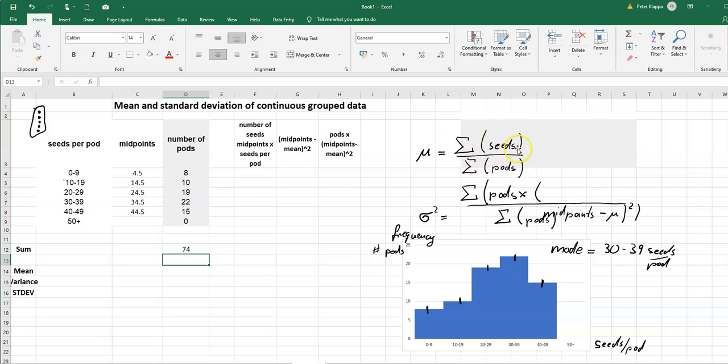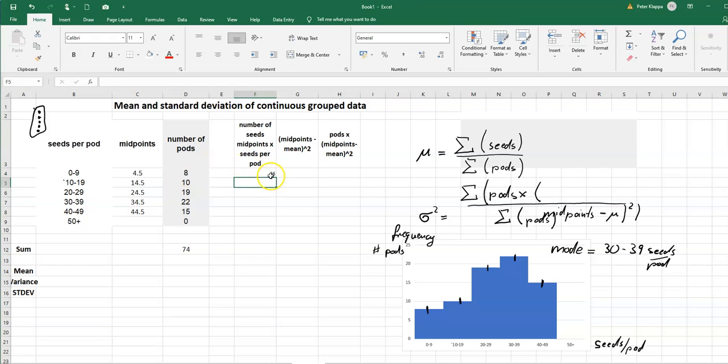Now we need to calculate the number of seeds, and we do that by multiplying the midpoints of the seeds with the number of pods. So this equals the midpoint times the number of pods.